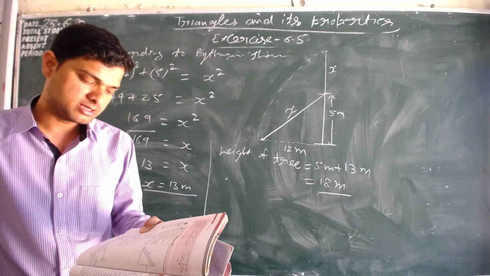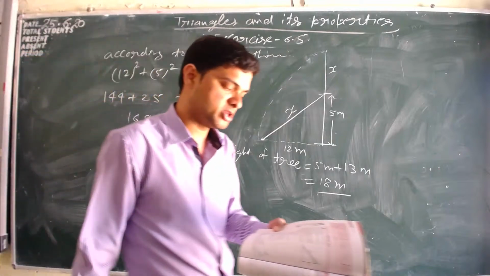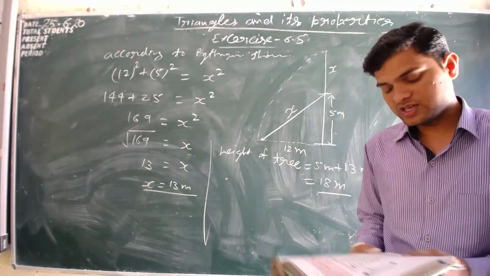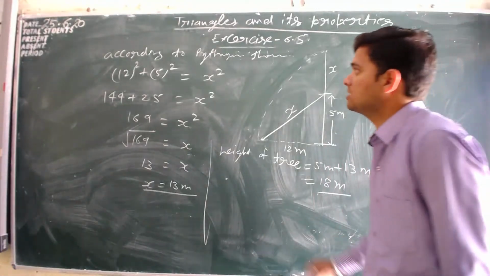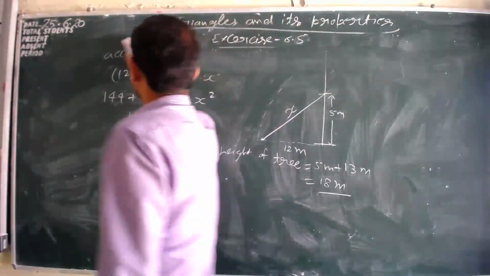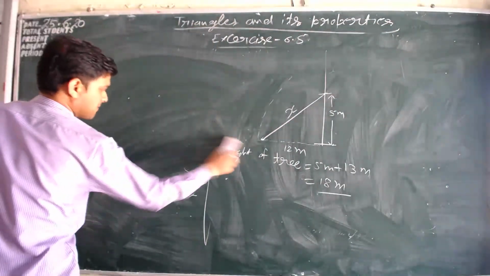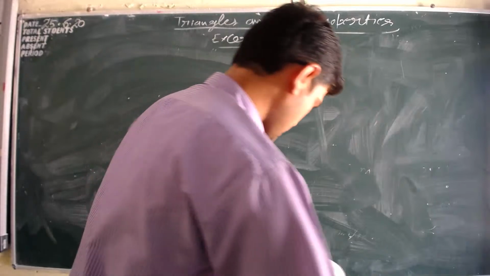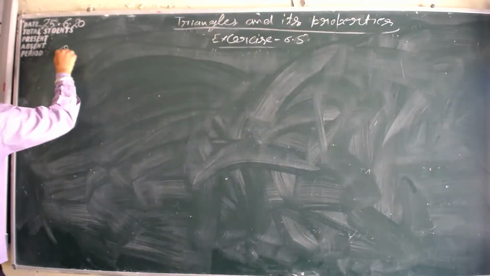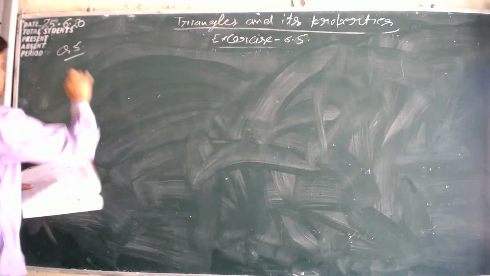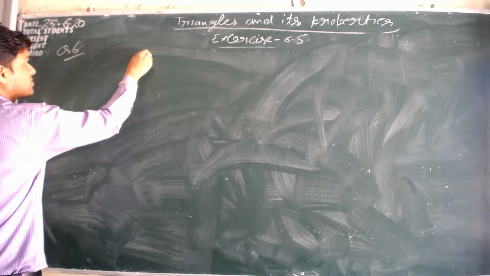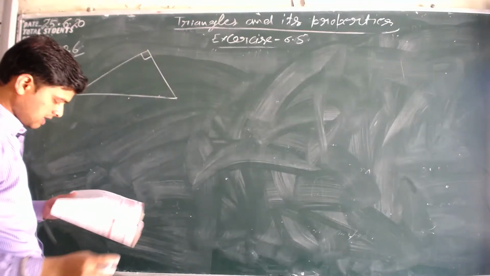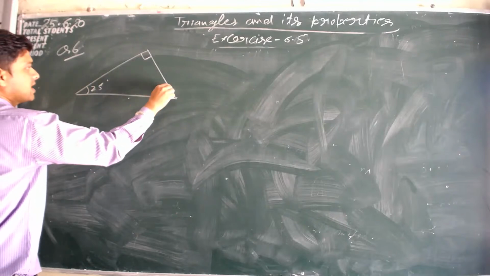Question number 6: angles Q and R of a triangle PQR are 25 degree and 65 degree. Which of the following is true? ठीक है, हमने इस स्टेटमेंट के बेसिस पे बताना है कि जो नीचे दिए हुए स्टेटमेंट्स है उनमें से कौन सा ट्रू है। तो पहले देख लेते हैं कि गिवन क्या है। We have a triangle and the measure of two angles are 25 degree and 65 degree.